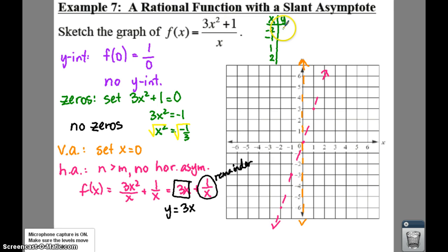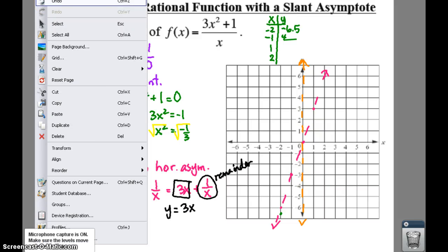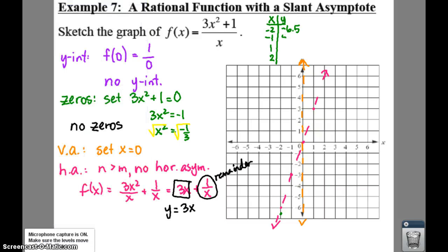So 13 over -2 is a -6.5. So you go back 2, down 6.5. Plug a -1 in, you get a 4 over -1, which is going to give you a -4. So you go back 1, down 4.